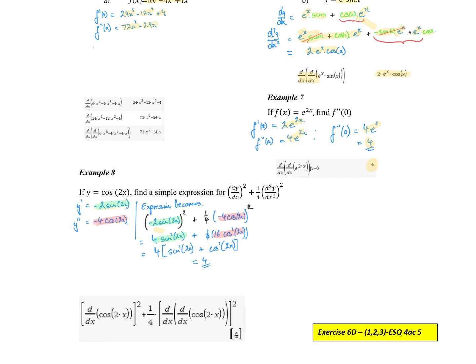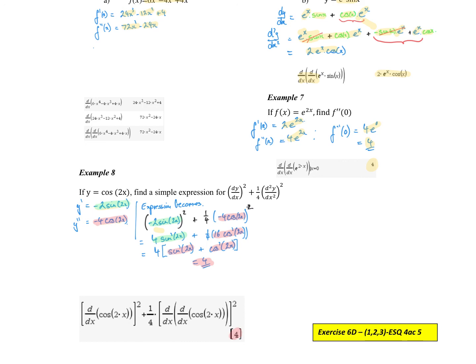A quarter of that out the front gives me a 4 cos squared 2x. Obviously the 4s are common, so if I take them out the front, I get a sine squared 2x plus cos squared 2x, which is 1. So the whole thing simplifies to 4, which is what our CAS printout has given us.